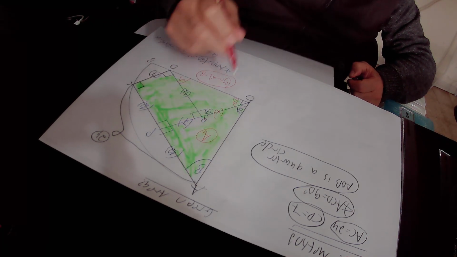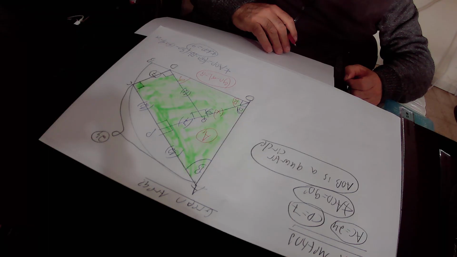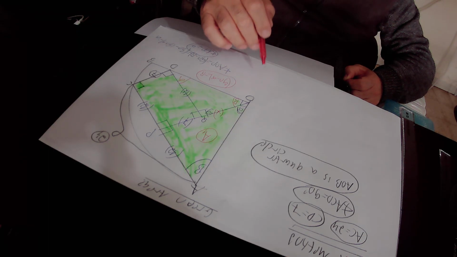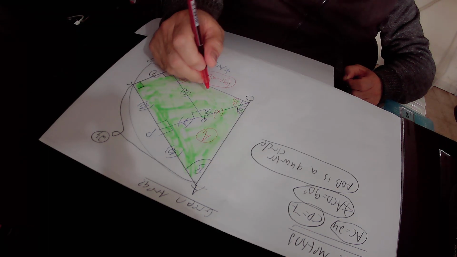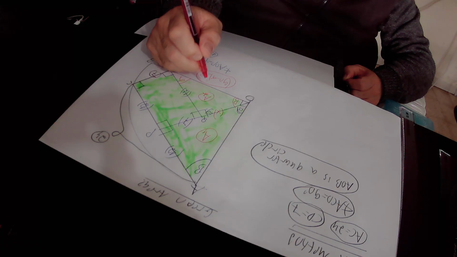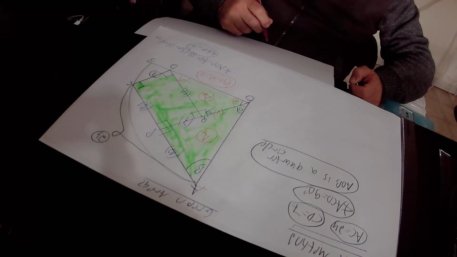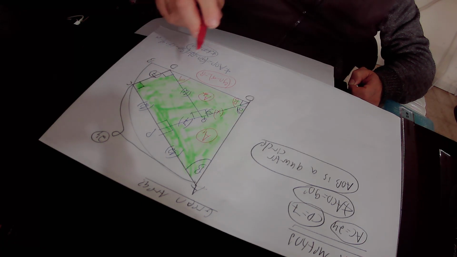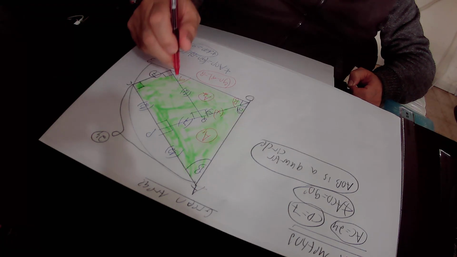The second part is the area of the green right triangle OQD, which we define as A2. And finally the third part of the green shape is the area of rectangle PCDQ, which we define as A3.